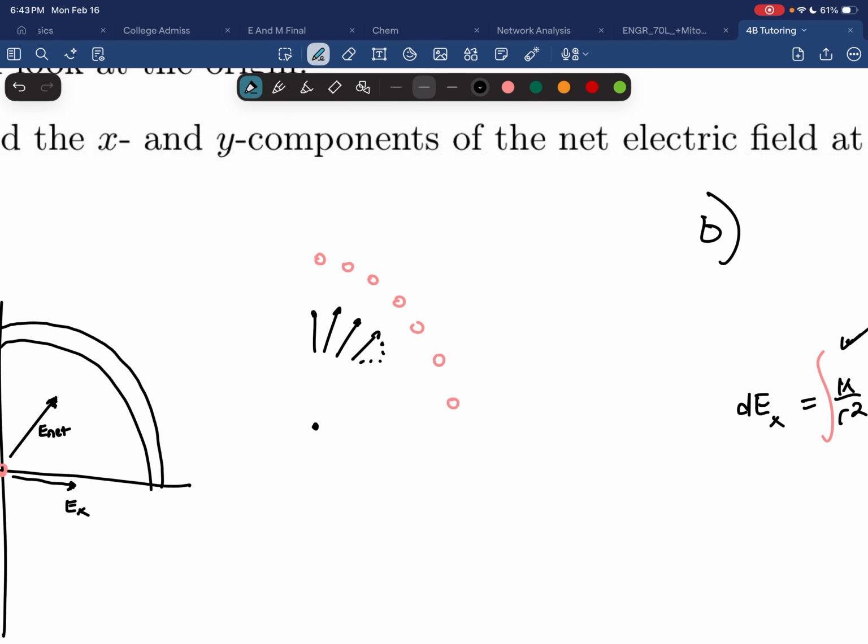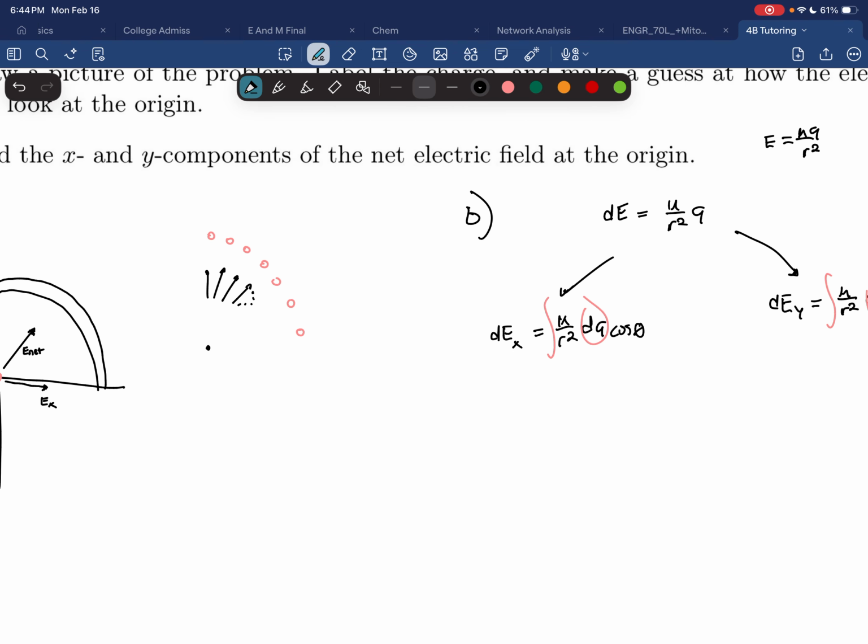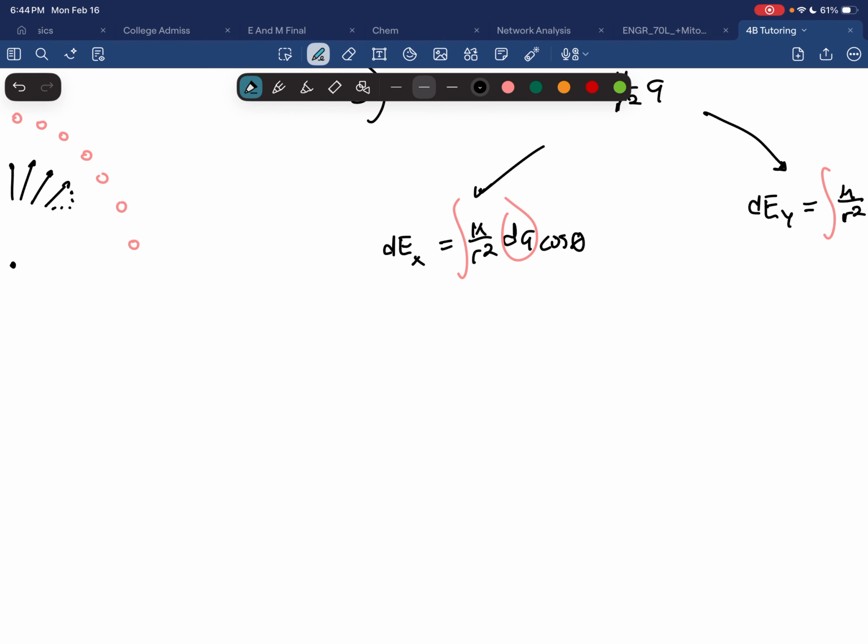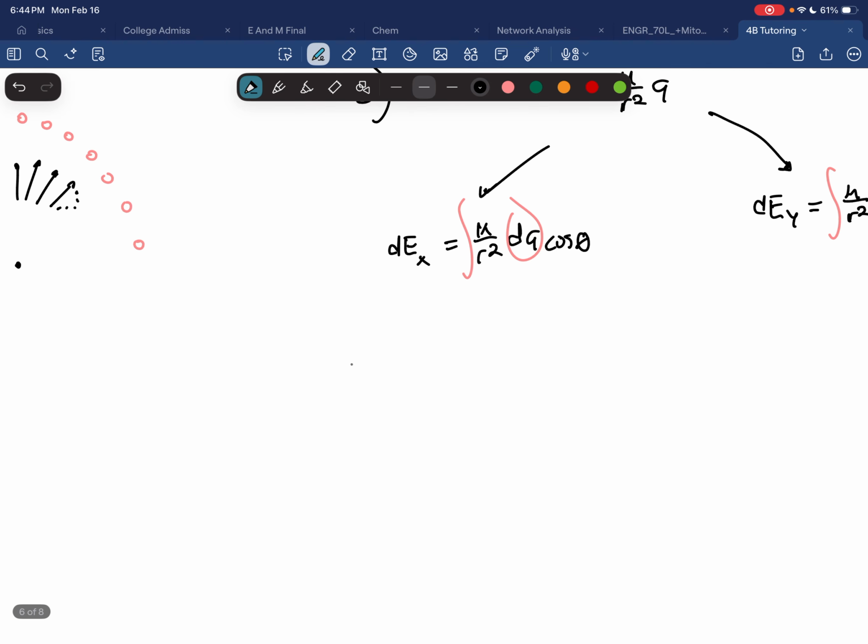And so we have to make our integral take that into account. So this is where our charge density equations come in. There are many of these equations, but roughly what we know is that lambda, or whatever density you're using, whether it's sigma, rho, whatever it is, is equal to the total charge over the length, or the area, or the volume.